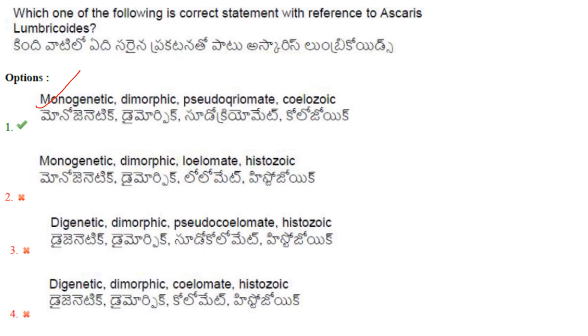Then next one, which one of the following is a correct statement with reference to Ascaris lumbricoides? Monogenetic means completes its life cycle in only one individual host, and in case of Ascaris it is humans. Dimorphic means they show sexual dimorphism, that is differences in form or appearance between male and female, and the males are shorter in size than the females in case of Ascaris. Next is pseudocoelomate.